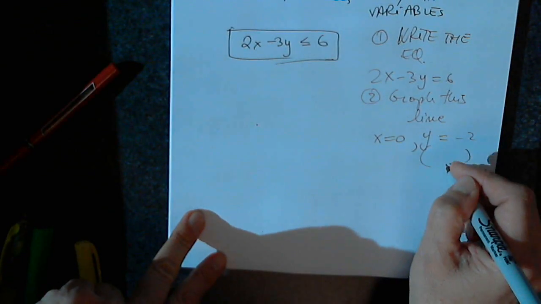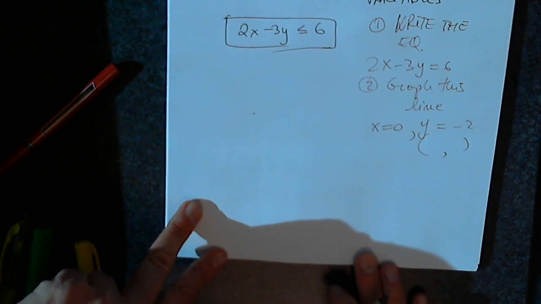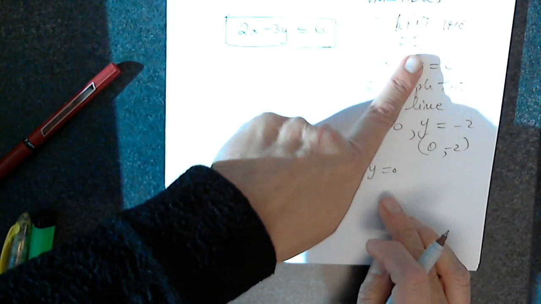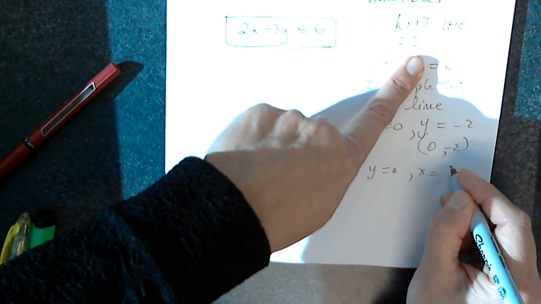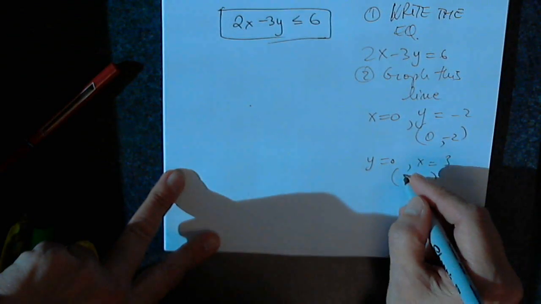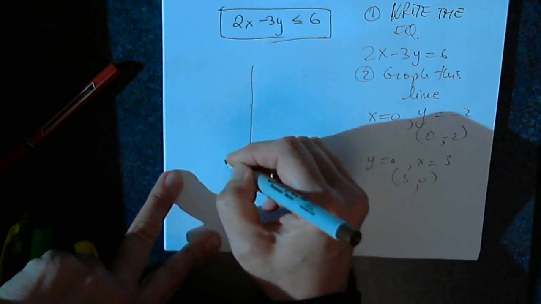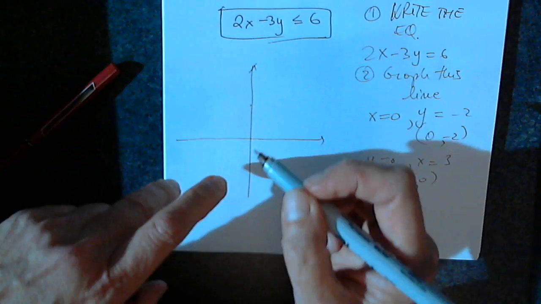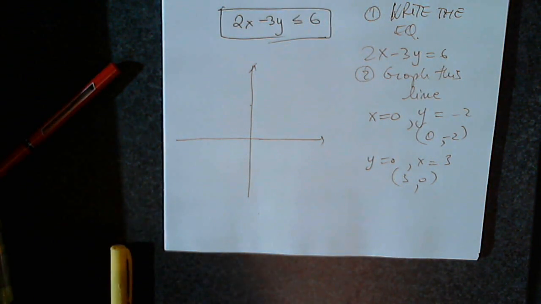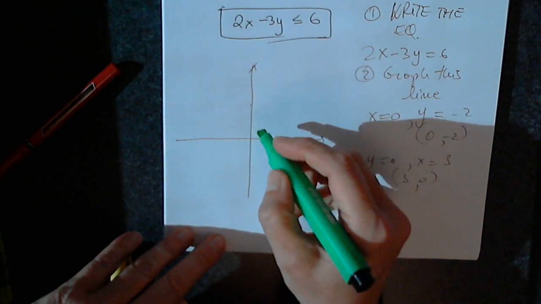What is the first ordered pair that I just determined? Very good. And then when y is 0, I'm going to cover it. How much is x? So what is the ordered pair that I just determined? Very good. So this is my second step. I graph the equation. So it's (3, 0) and (0, -2).